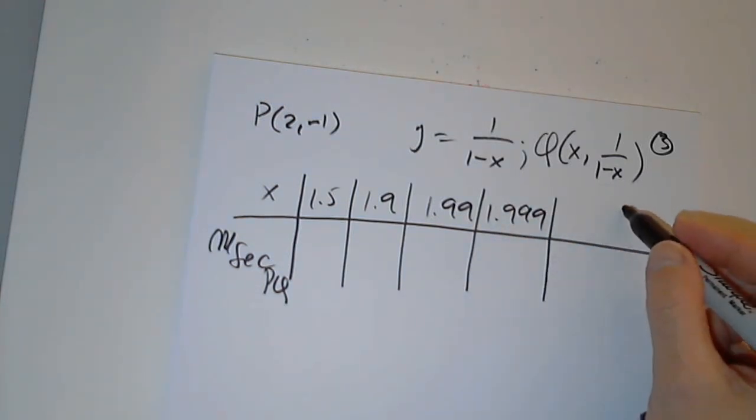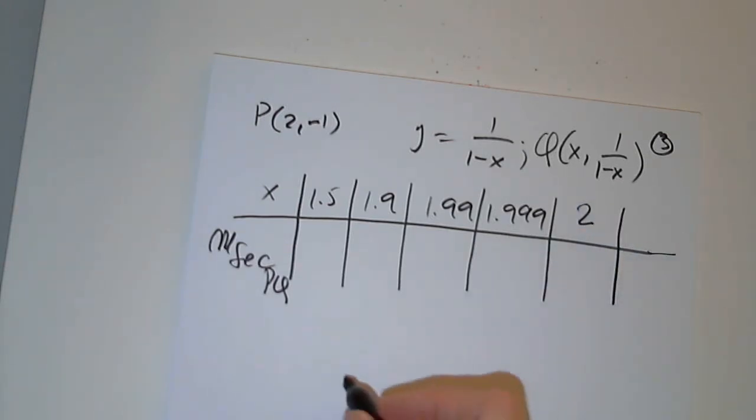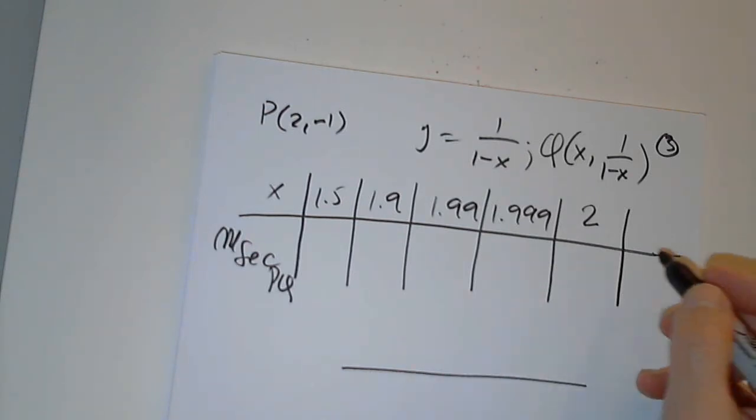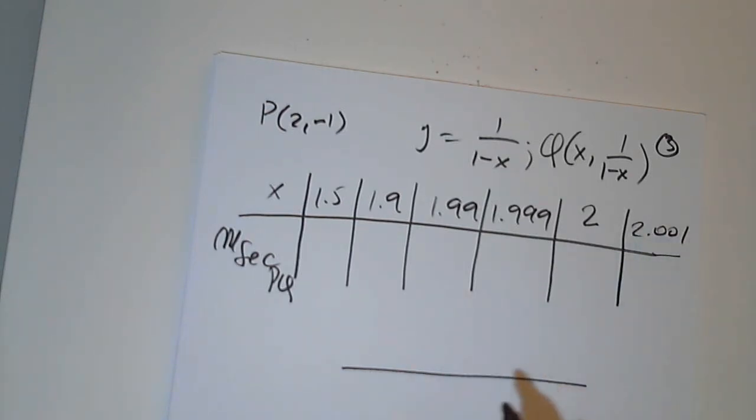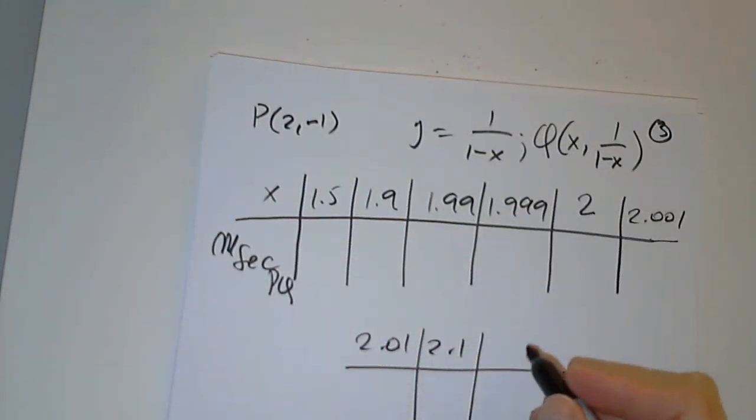They're trying to trick us, of course. And to the right, I have 2.001, 2.01, 2.1, and 2.5.